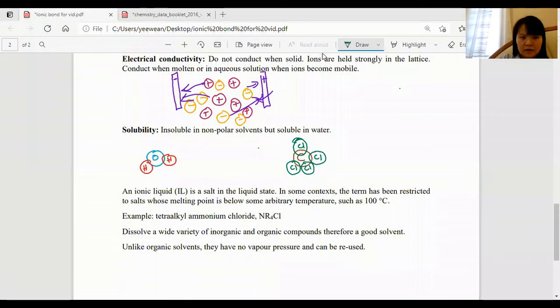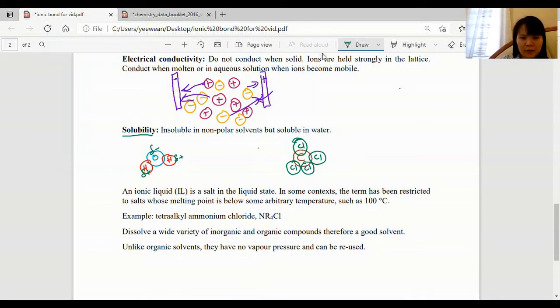And let's discuss solubility. For example, NaCl. NaCl would be soluble in polar solvents like water, but it's not soluble in non-polar solvents like CCl4. The reason is that they can't bond with each other. If I have NaCl and this water here, O is slightly negative and H is slightly positive.